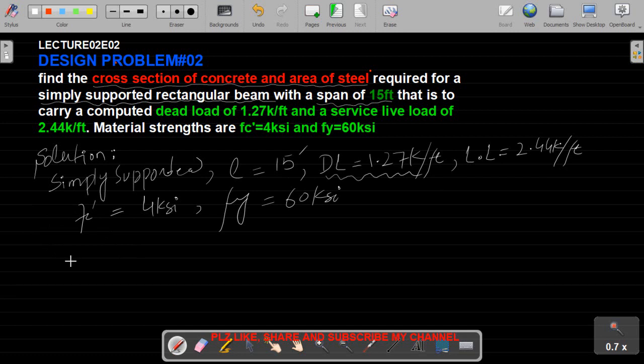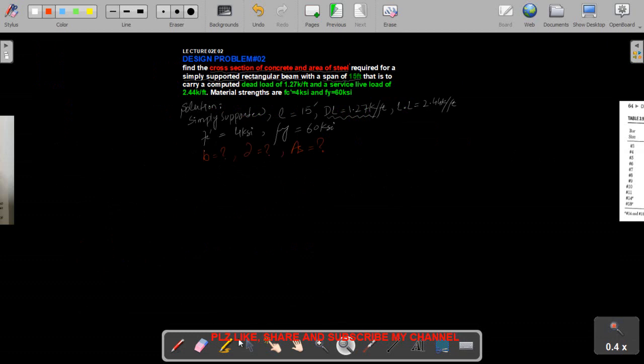So let me find out the ultimate dead load. What we need in this example is B. We have to determine the width of the section, depth of the section, and area of steel which is required. So let us solve the rest of the part.